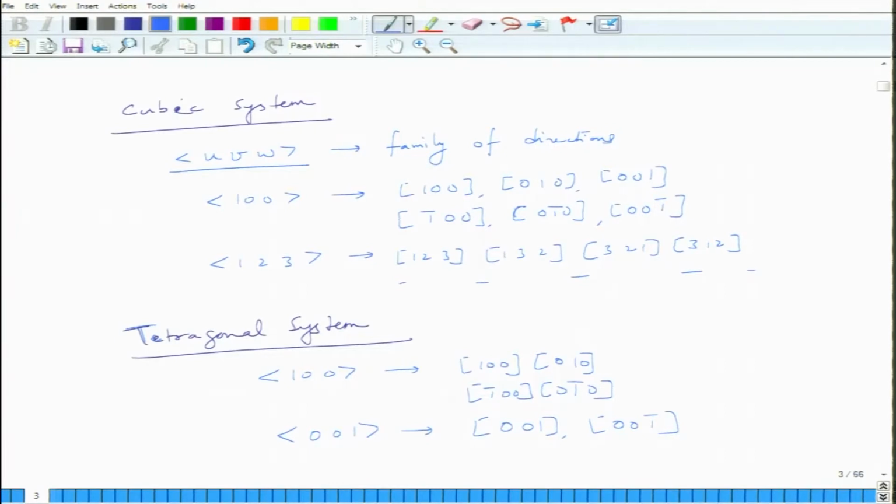So they are two different vectors. So this is the difference between tetragonal and orthorhombic. Again you can work out the multiplicities by yourself. For example, for cubic system, your 1 0 0 will have a multiplicity of 6, your 1 1 0 will have a multiplicity of 12, your 1 1 1 will have a multiplicity of 8. So that is how you draw various directions.